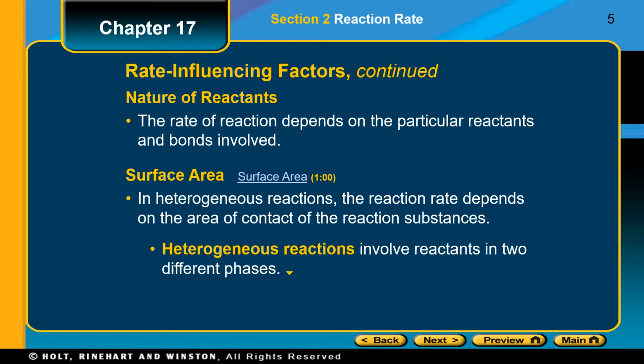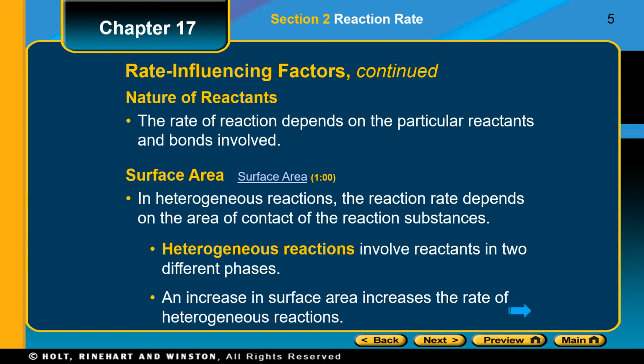This would be one where we maybe have a solid reacting with a liquid, would be a possible example. And an increase in the surface area increases the rate of this heterogeneous reaction. The lycopodium powder in the gaseous atmosphere would be an example of a heterogeneous reaction.